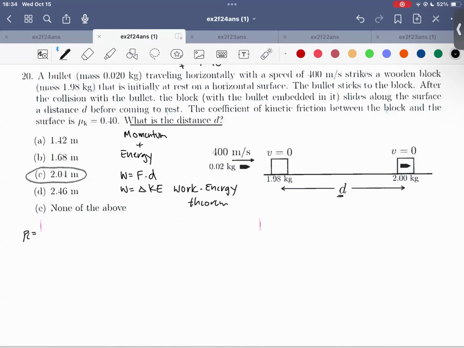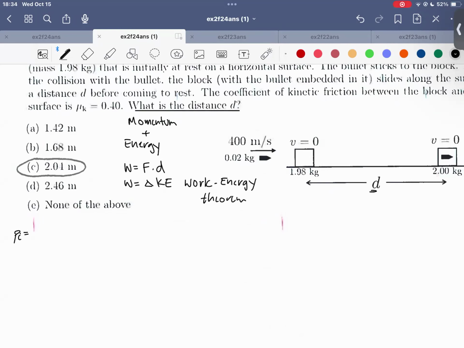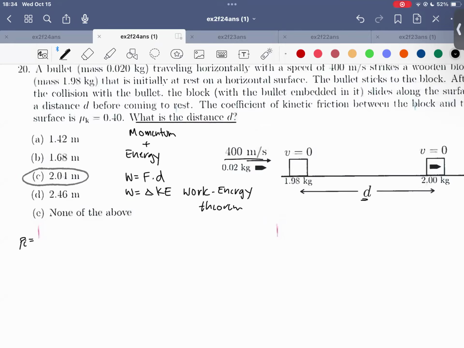For our momentum initial and momentum final, momentum initial is mainly supplied from the bullet, because the velocity of the block is 0. Our momentum final is just the block and the bullet combined.